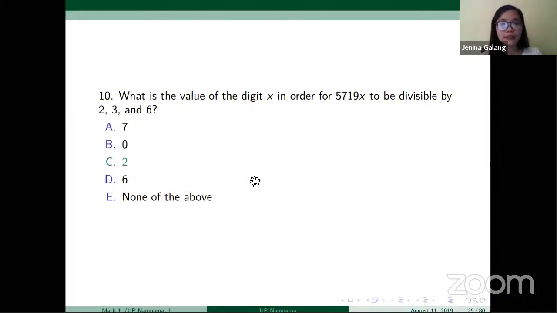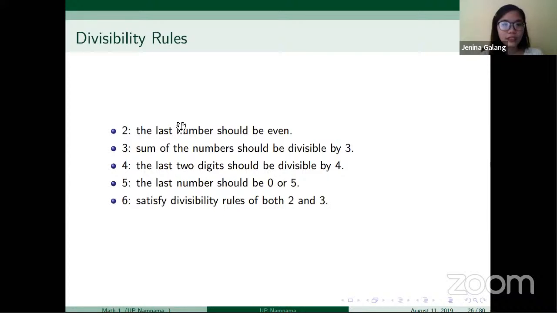So next, number 10. So what is the value of the digit x in order for this to be divisible by 2, 3, and 6? So para masagutan natin itong number 10, we will present the divisibility rules.